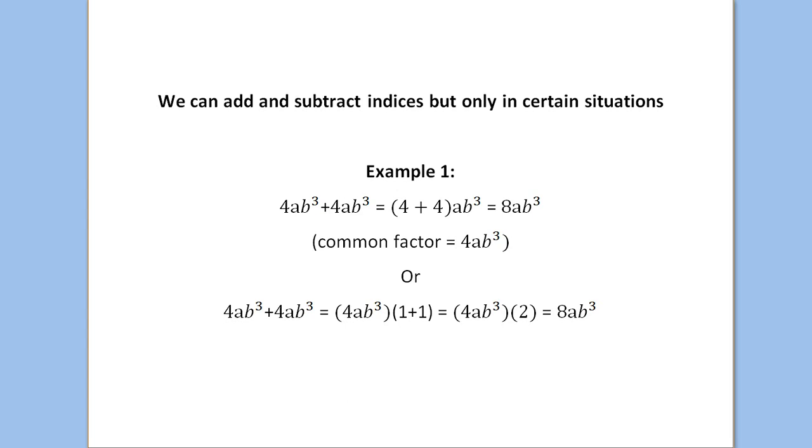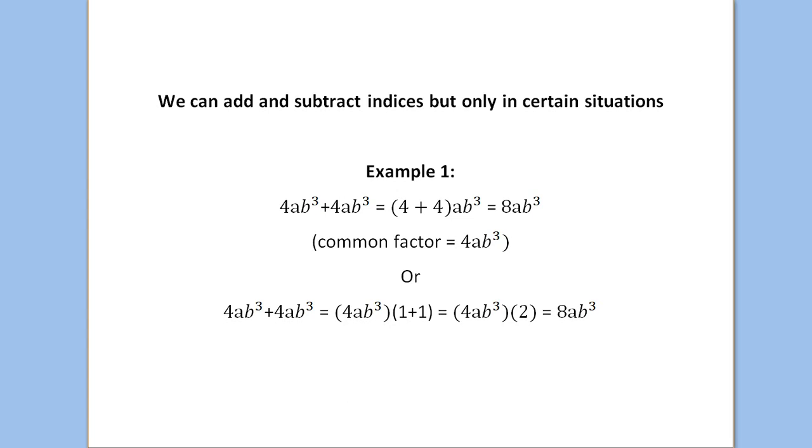So the common factor there was actually 4ab cubed, but we took out ab cubed in that method. Now we're actually going to take out 4ab cubed. So if we take out 4ab cubed, it becomes 4ab cubed, and then in brackets 1 plus 1.